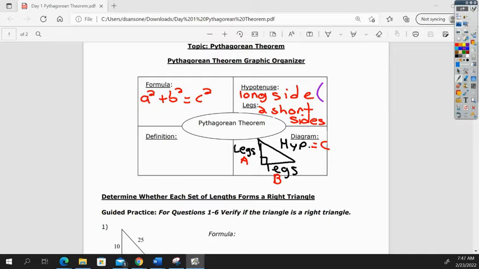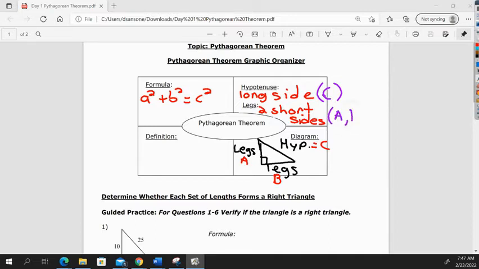The hypotenuse, we want to make sure everyone knows, is our C. And our legs are always known as A, and they're known as B. And in definition, it is a way to find a missing side of a right triangle.